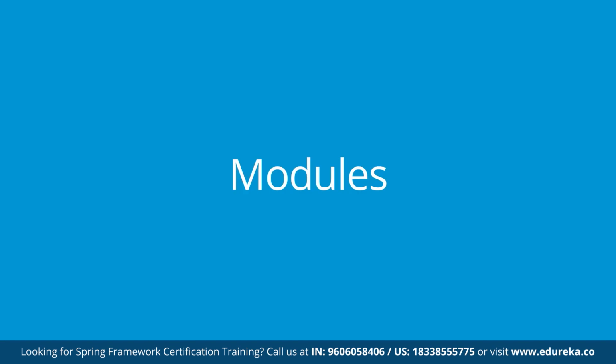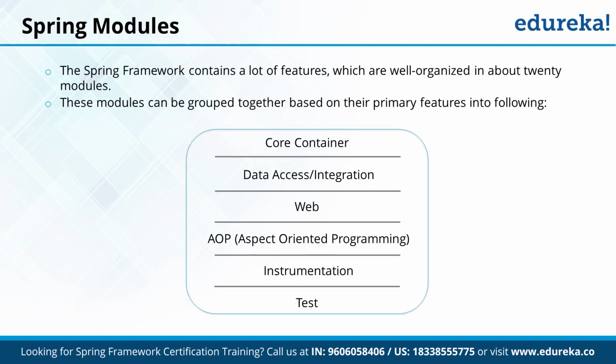So let's see the modules. The Spring module contains a lot of features and they are quite well organized, and we got somewhere around 20 modules available, right? The modules are grouped based on a few of their features, as in the layered architecture we discussed. So we got core container, and data access or integration, right?